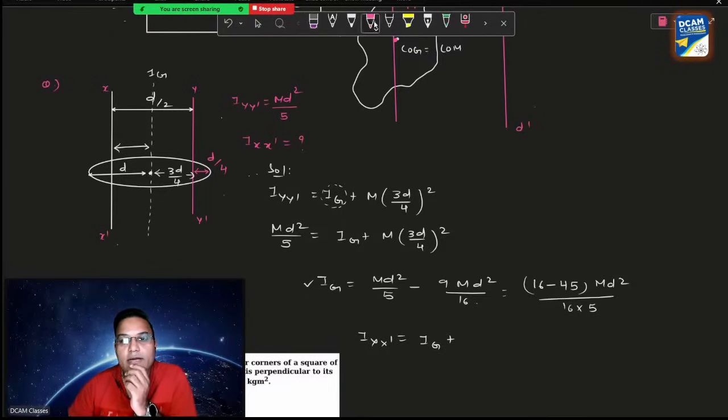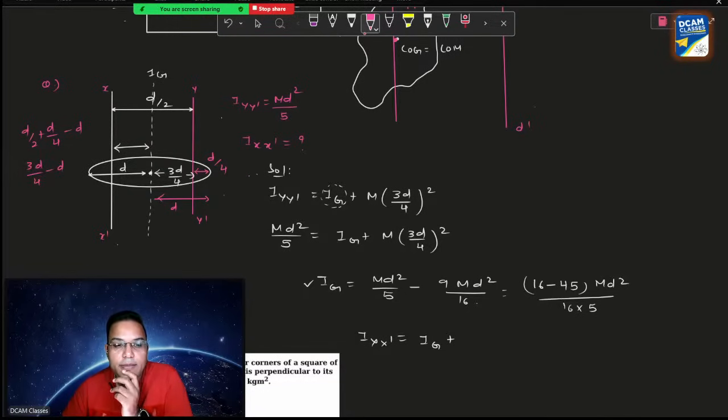This distance you will get by using d by 2 plus d by 4 minus d, because this radius is d. So it is 3d by 4 minus d. Again it's coming negative, na? Minus d by 4. It should not come negative. Actually, I have formed this question, na? That's why these things are happening.